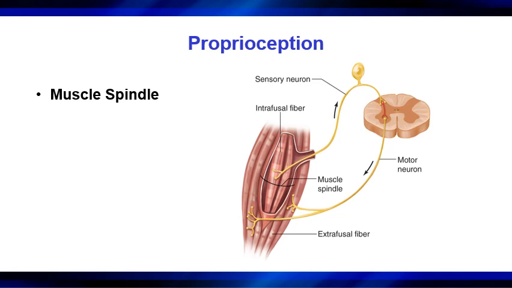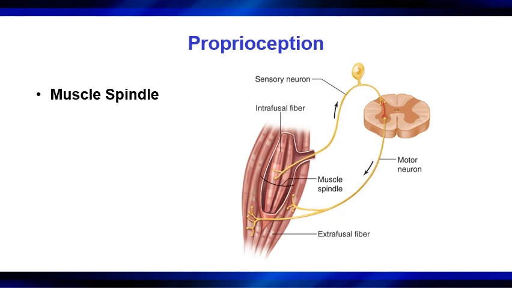We want our movements to be coordinated, and part of the job of these sensory receptors, and we're going to talk about a couple of sensory receptors that our muscles utilize, is to help with that movement coordination. So this particular proprioceptor, the muscle spindle.